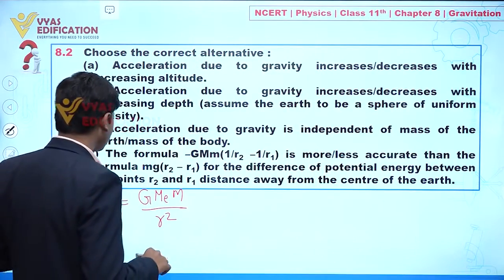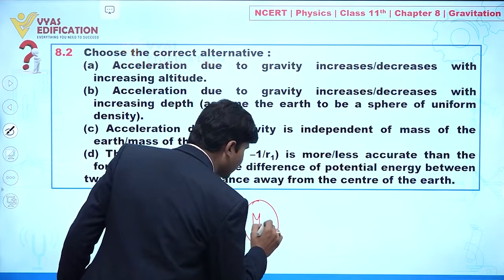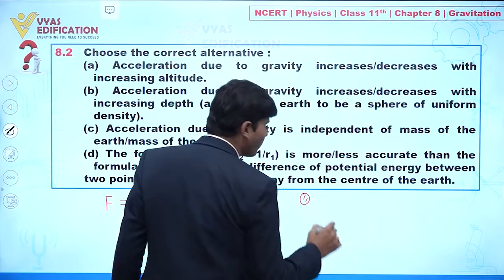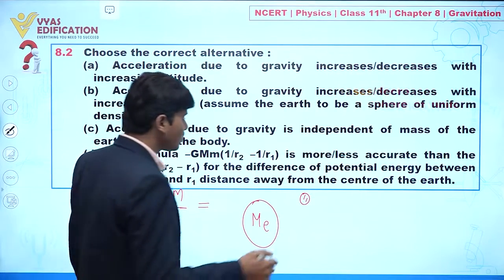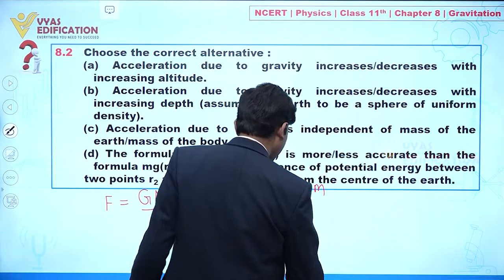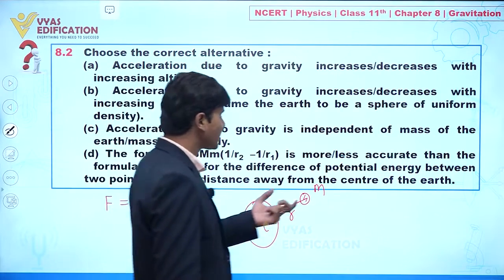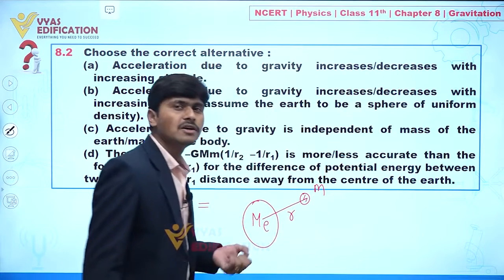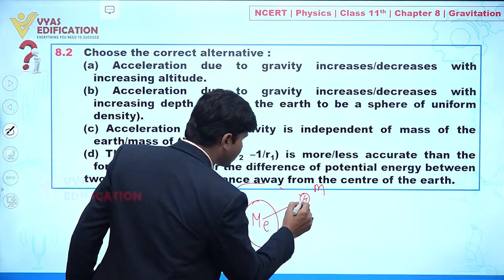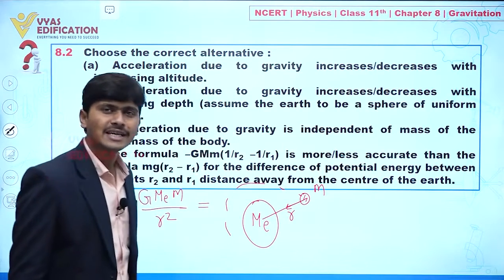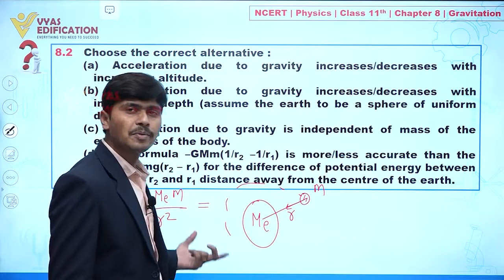Let's suppose we have the earth with mass Me, and another planet or satellite, any object, having mass m at distance r. Now I want to find the acceleration due to gravity acting here. This object is revolving around the earth, so a centrifugal force acts towards the center along the radius, and it should be equal to G Me m upon r square.